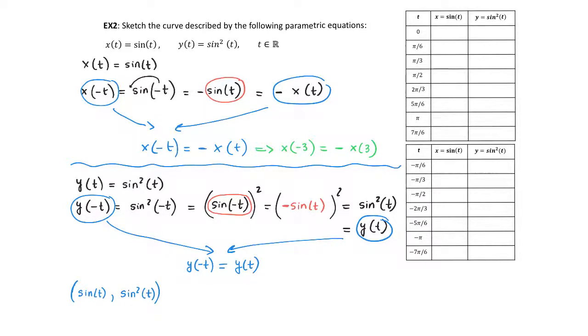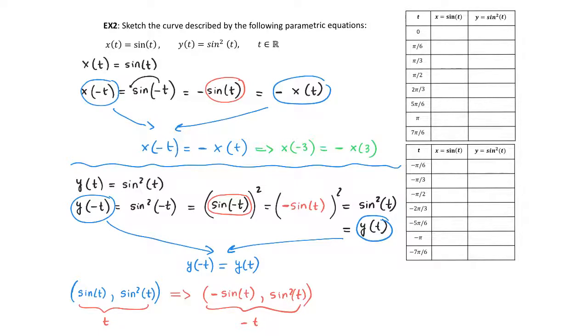But then if we now consider negative t, what we really found is that for negative t, the x value just becomes the opposite of sine of t. And then the y value actually doesn't change, right? It stays the same. So this is over here for just t, and this is over here for negative t.